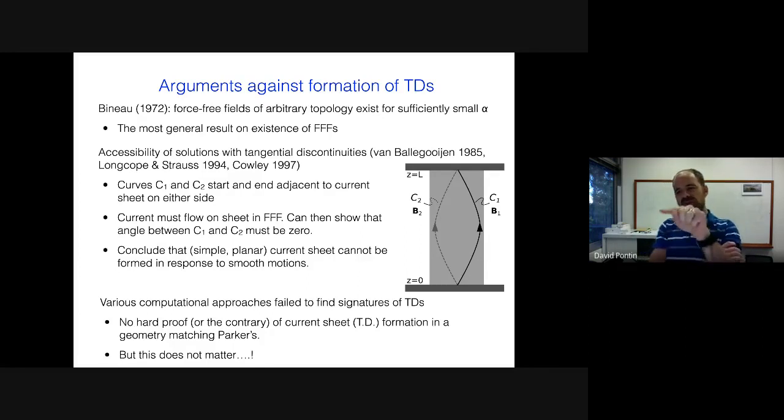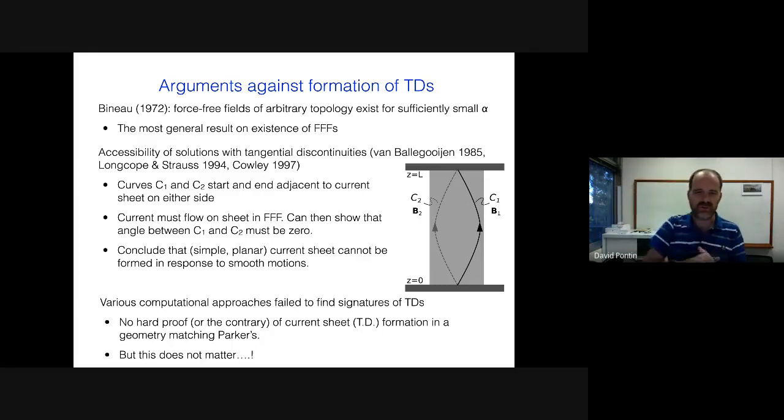So you then consider two field lines, one on either side of the current sheet, whose starting points are infinitesimally close to one another immediately on either side of the current sheet. Because the boundary motions are smooth, their endpoints also have to be infinitesimally close to one another on either side of the current sheet.